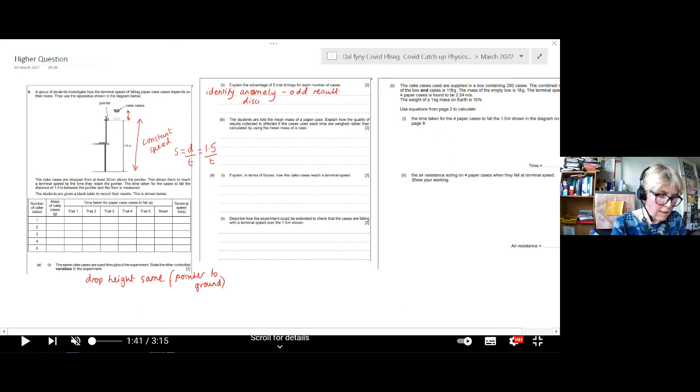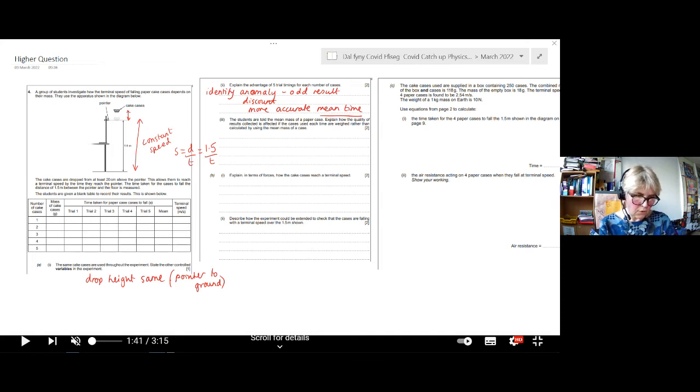That means that we can make the mean time more accurate. So, more accurate mean time. Don't just say it's more accurate results. Say exactly what is going to be more accurate, because otherwise they won't give you the mark.